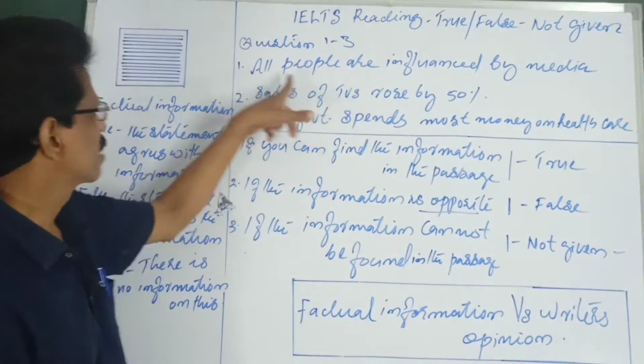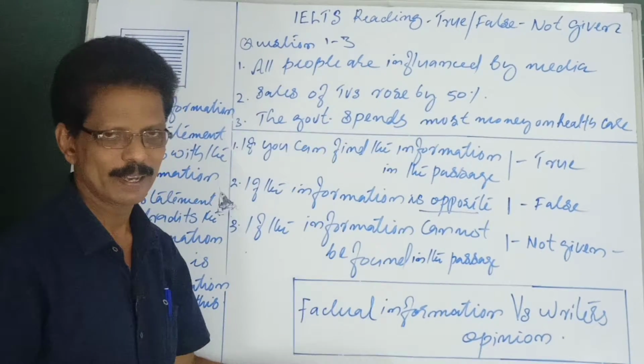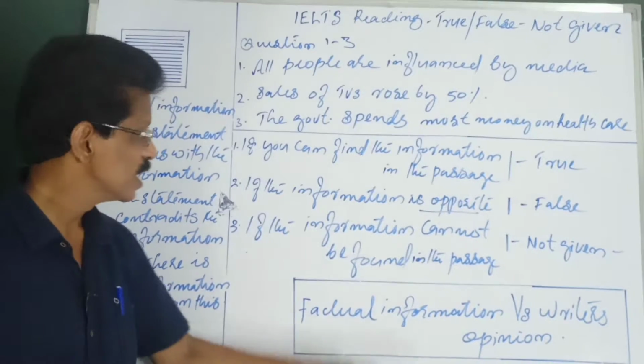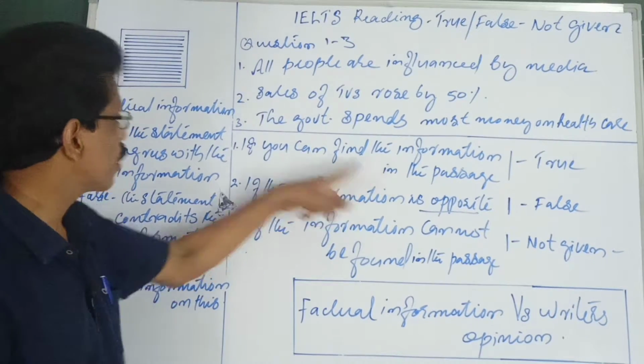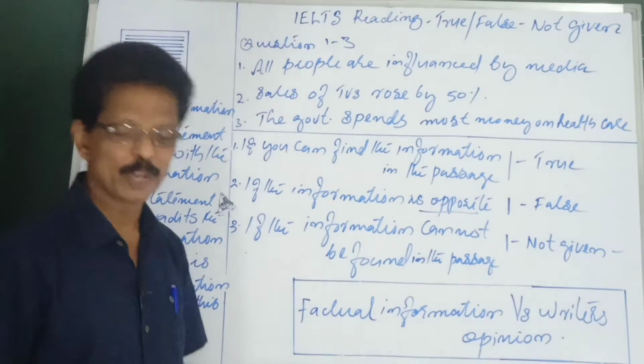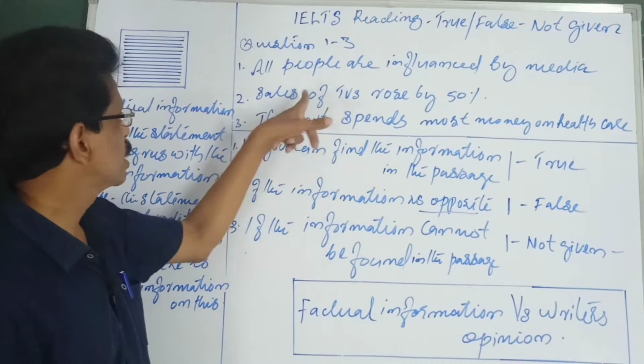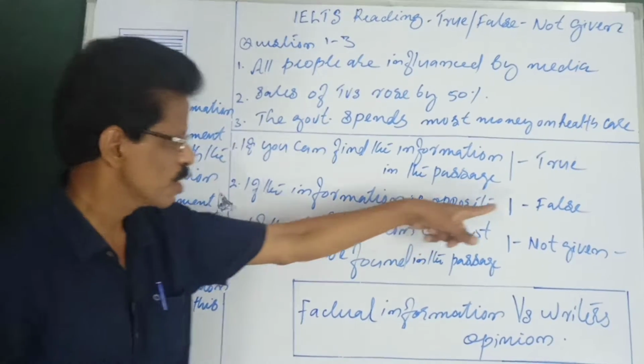Read some statements. Sales of TVs rose by 50%. This is a statement. If the same information can be found in the passage, your answer is true. If the information in the passage is opposite to this statement, then your answer goes false.